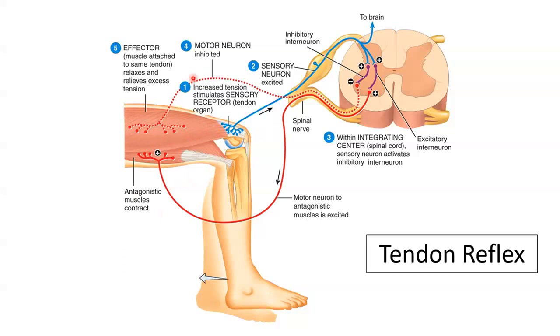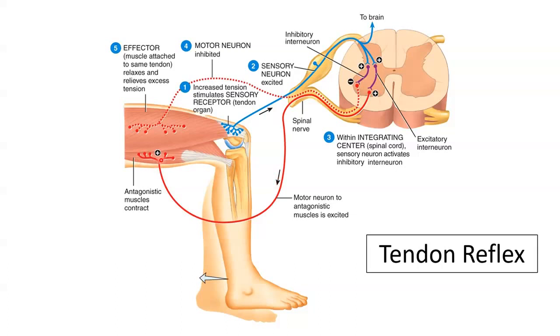But again, because of the location of this reflex in the body, it's involving the knee joint, and our knee joint is controlled by both our quadricep and our hamstring muscles. That sensory neuron can also synapse with another interneuron and another motor neuron, which now innervates our hamstring muscle, and it tells it to contract.